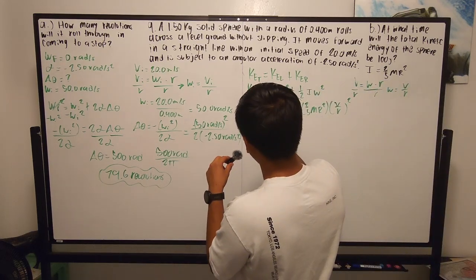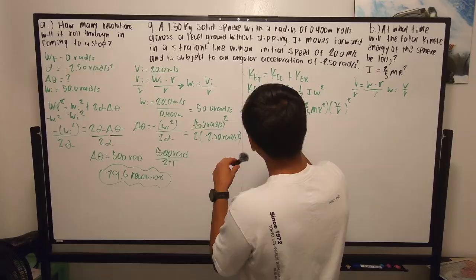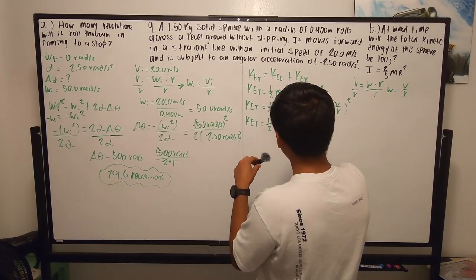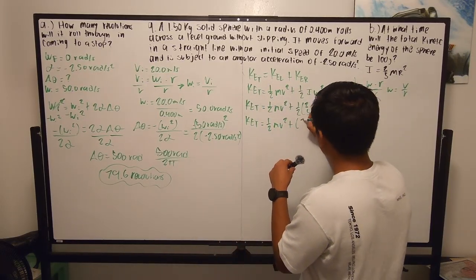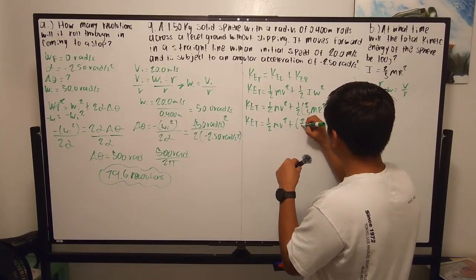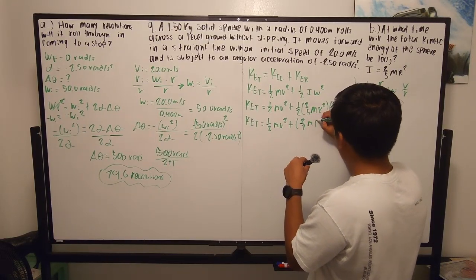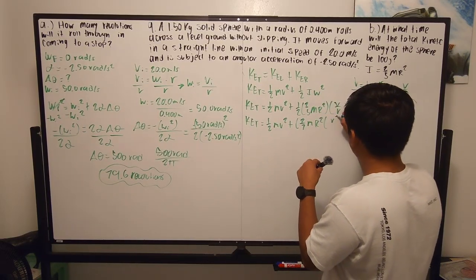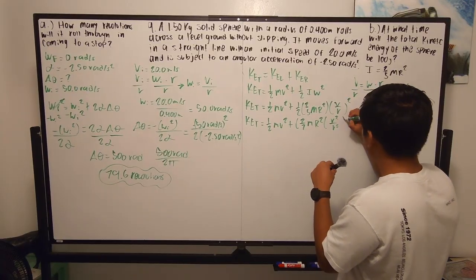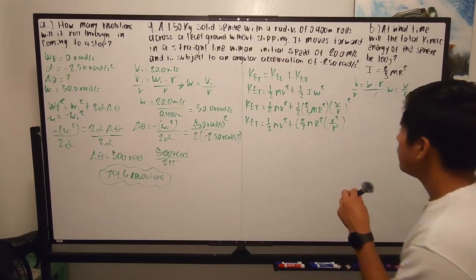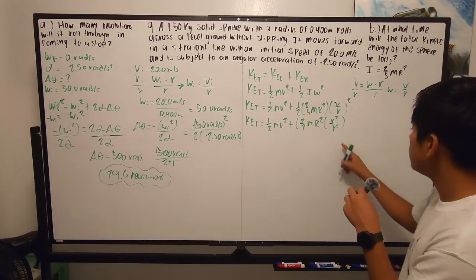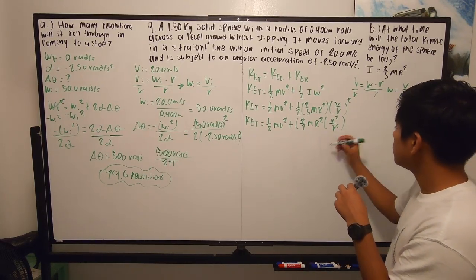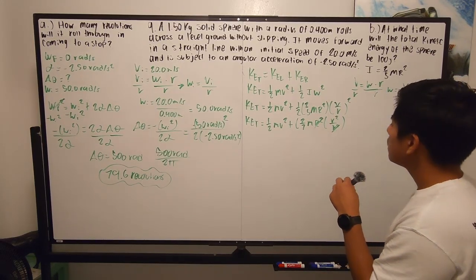So then I have that the kinetic energy total is equal to 1/2 mv squared plus, what is that, 2/7 mr squared multiplied by v squared over r squared. And as you can see here, this r squared is going to cancel out with this r squared.